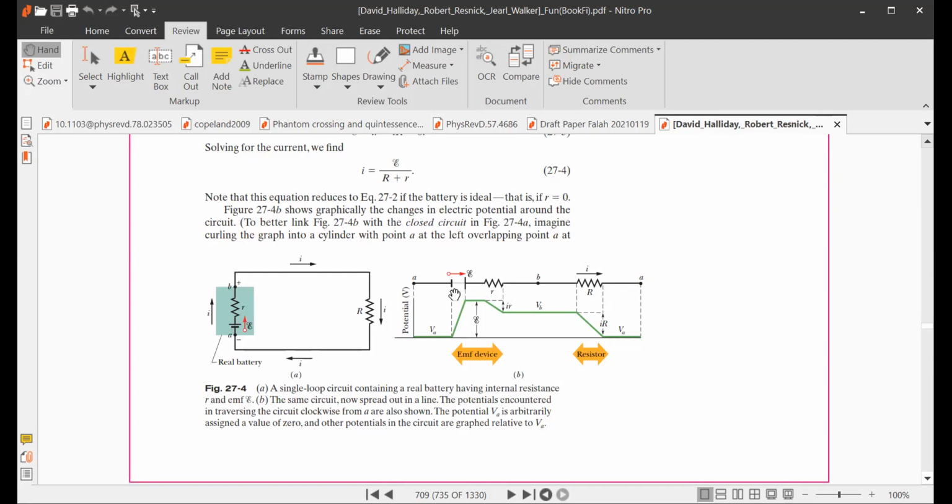You see that from this minus pole, from 0, the potential becomes positive, and then it drops after passing this internal resistance, and then it drops again to 0 after passing through this external resistance, capital R. That's why this potential VA here is the same as 0. So this is for the closed loop. Okay.